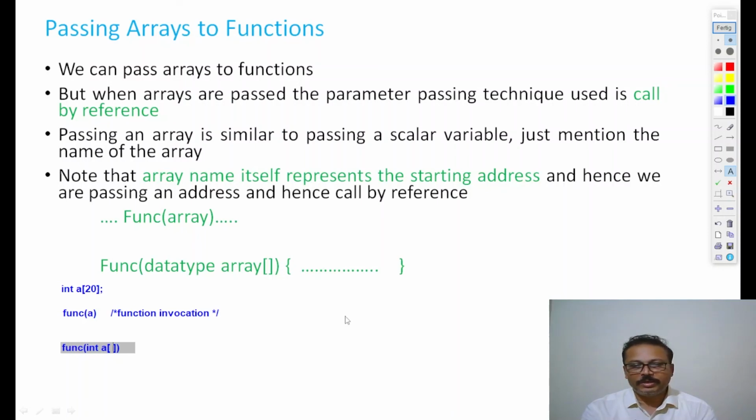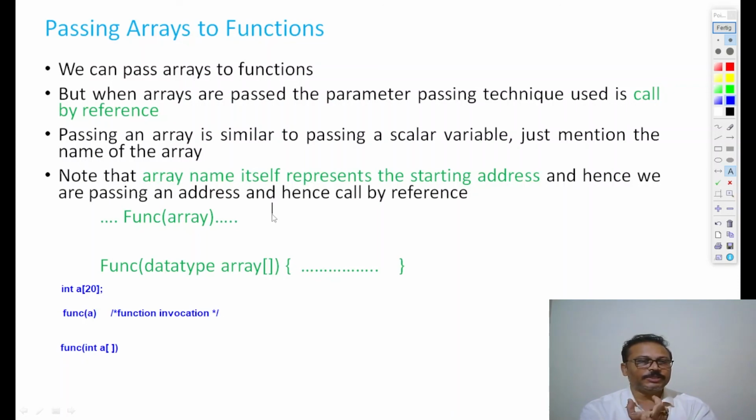But remember, arrays are passed by call by reference. That means if you modify the values of the array, the modified values will get reflected within the invoking function also, after the function invocation. This also we will study as part of a programming example, but this is the theory behind it.